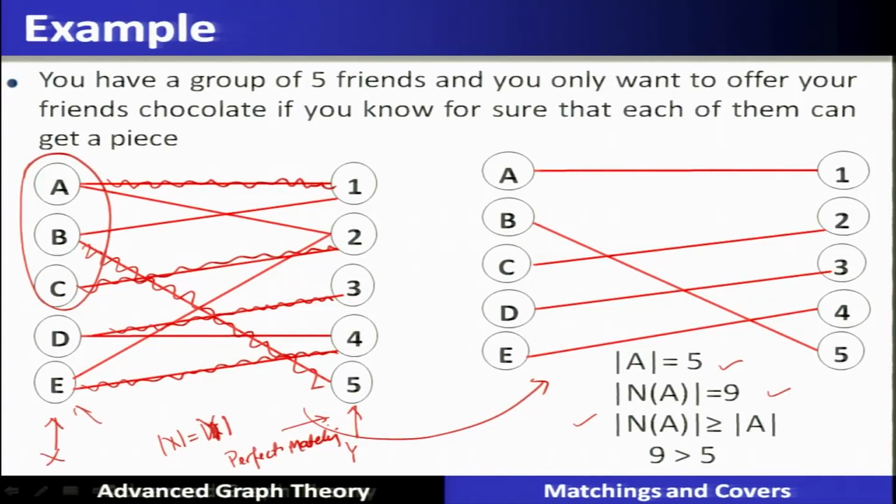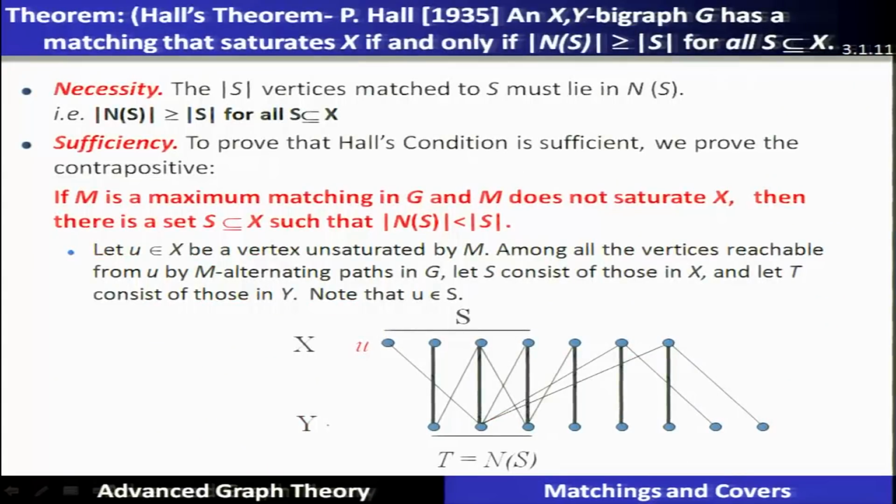That means every person is going to get a different chocolate. Having seen the motivation for this important theorem, Hall's theorem, it gives you the condition whether you are able to saturate one partite set, either the jobs or the people who are going to receive different chocolates. If that is the case, then Hall's condition must be valid.